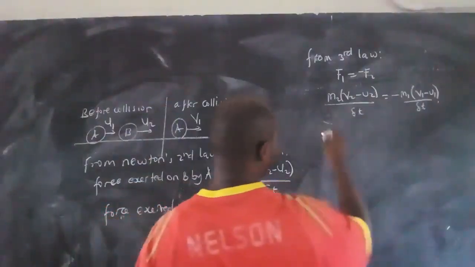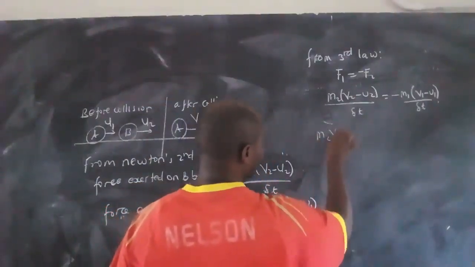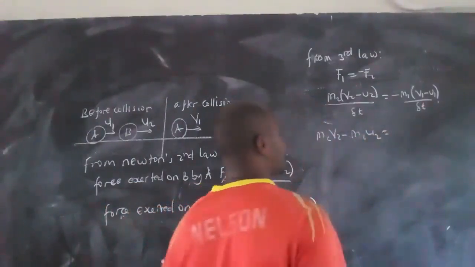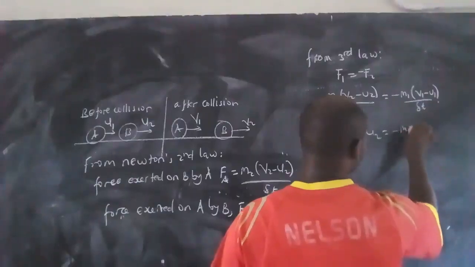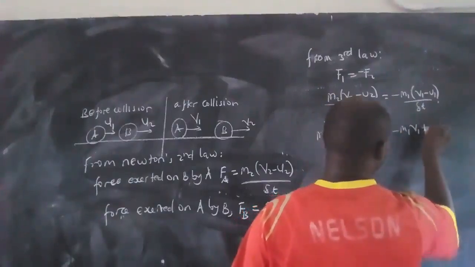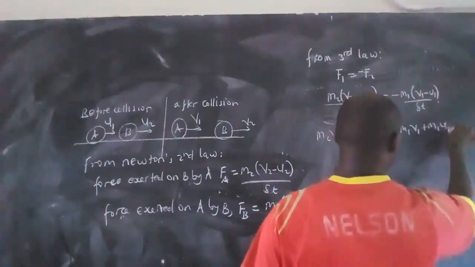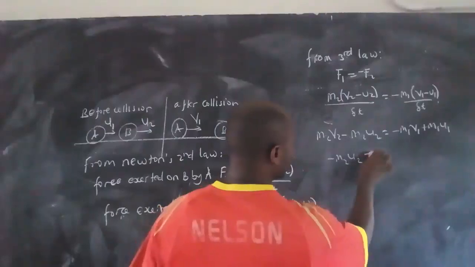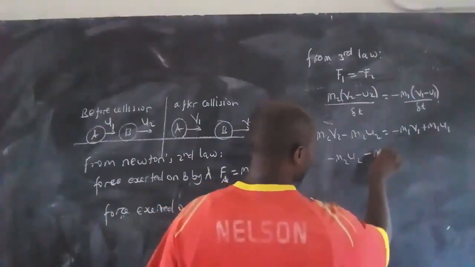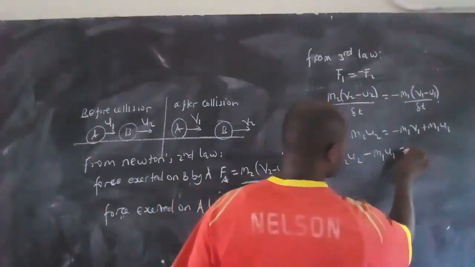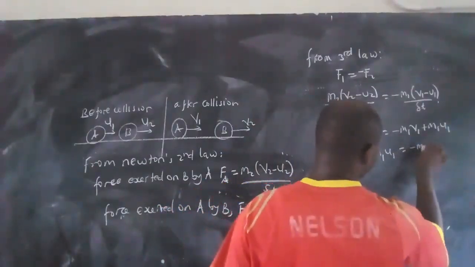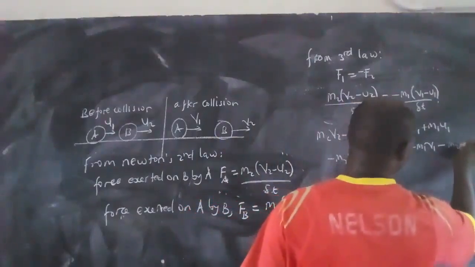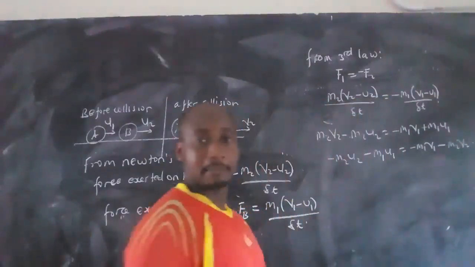So the time cancels. Open brackets, M2 V2 minus M2 U2 will become negative M1 V1 plus M1 U1. So negative M2 U2 minus M1 U1 is equal to negative M1 V1 minus M2 V2, taking this to the other side. Divide both sides by negative 1.